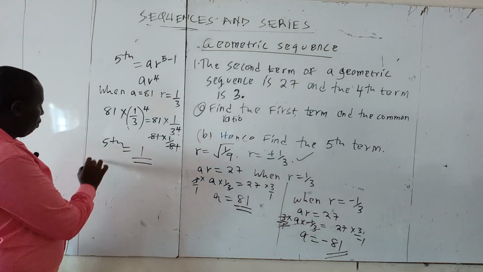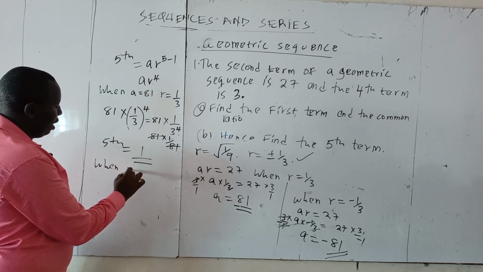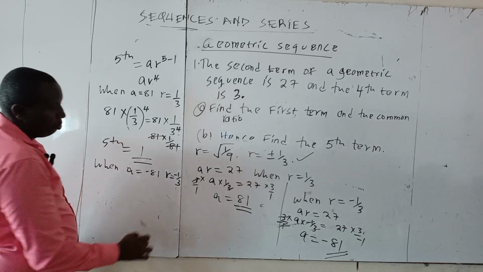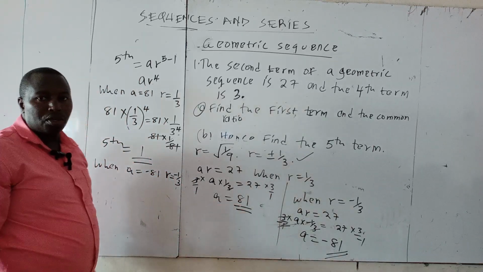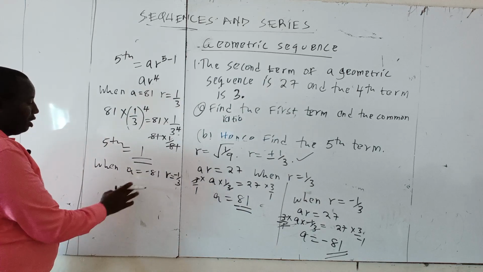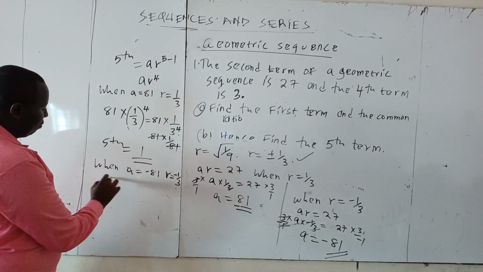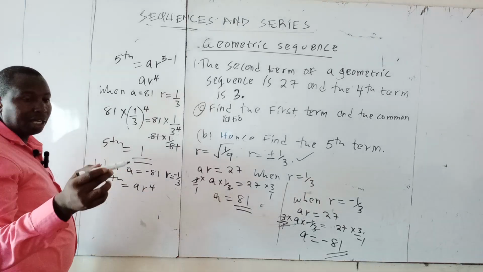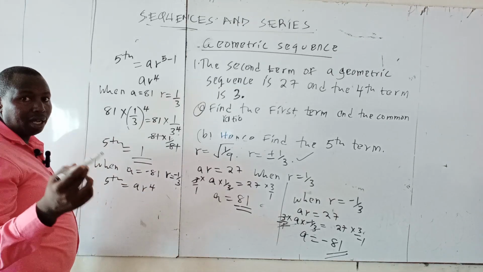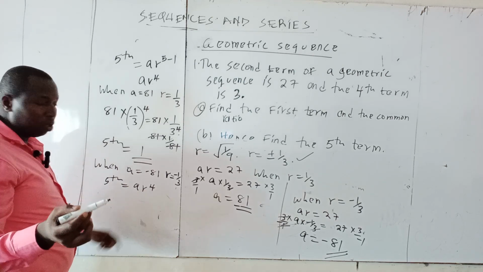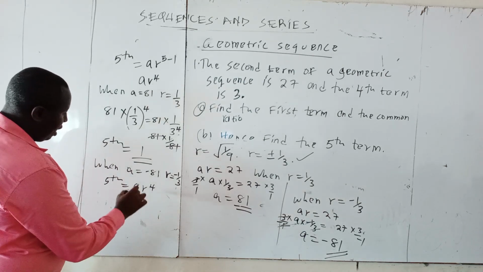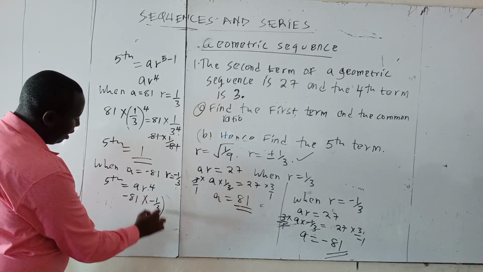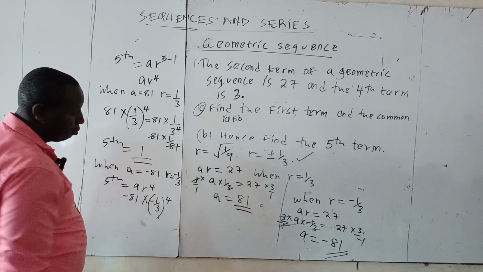So the other one is when a is negative 81 and r is negative 1 over 3. So find the fifth term, ar to power 4, because if n is 5, then 5 minus 1 is 4. So you take a, negative 81, times r, negative 1 over 3, to power 4.